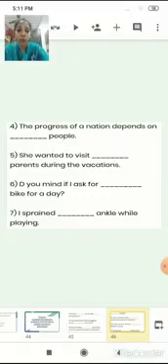She wanted to visit her parents during the vacations. Do you mind if I ask for your bike for a day? I sprained my ankle while playing. So these are sentences which we use in our daily life. Okay, so in most sentences we use possessive determiners in order to show possessiveness.